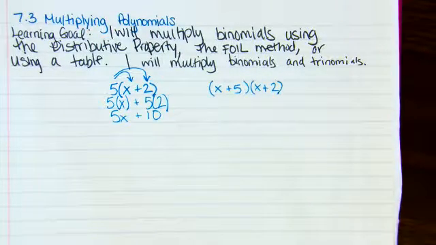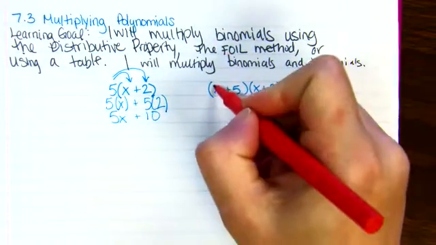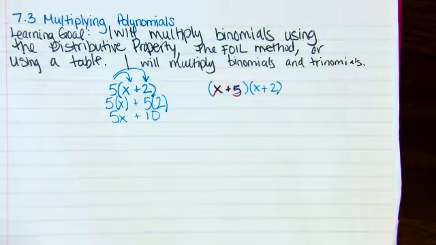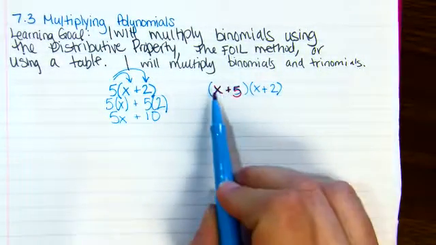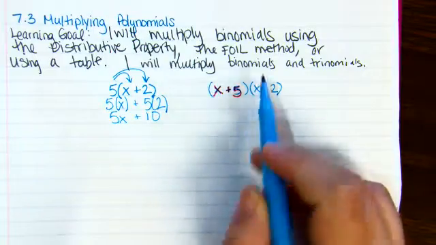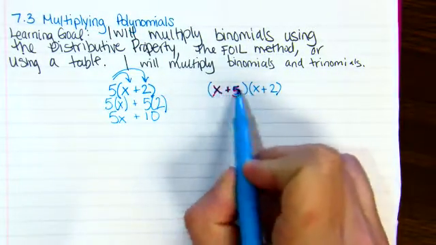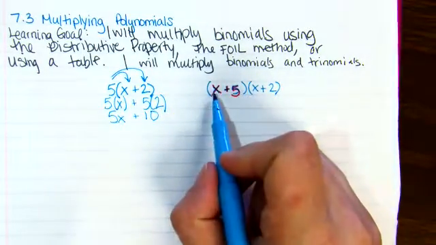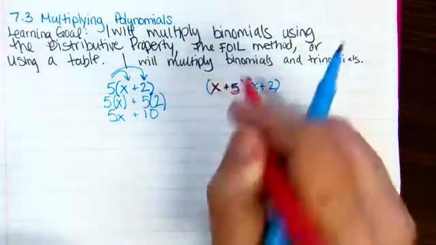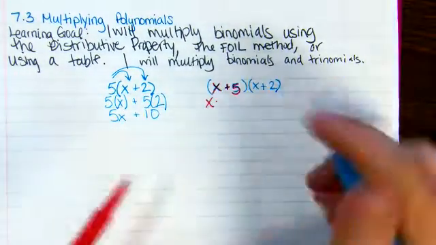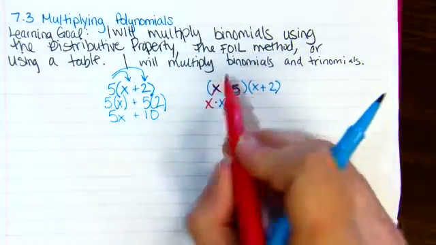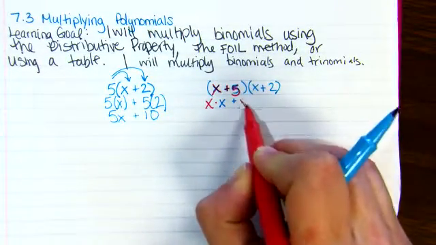So the first way we can do this is by using the distributive property. Let's change to red. So what I'm going to do here is just use the horizontal method of the distributive property. Everything in these parentheses has to be multiplied by everything in these parentheses. So I need to do x times x, the x from the first one times the x in the second one, and then I need to do x times 2.